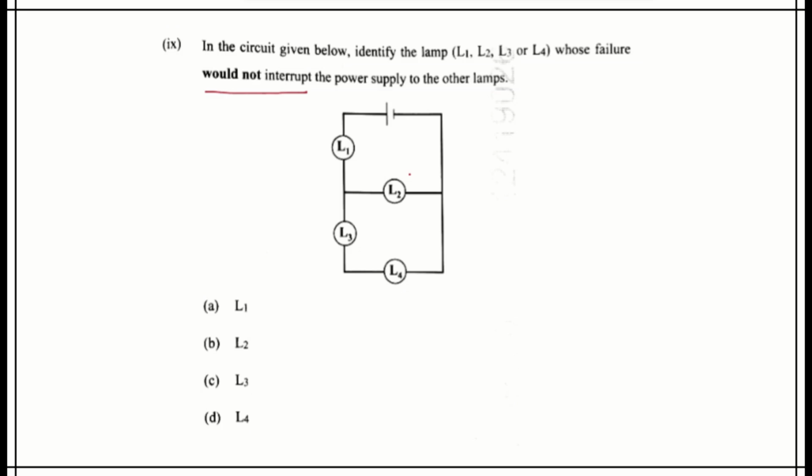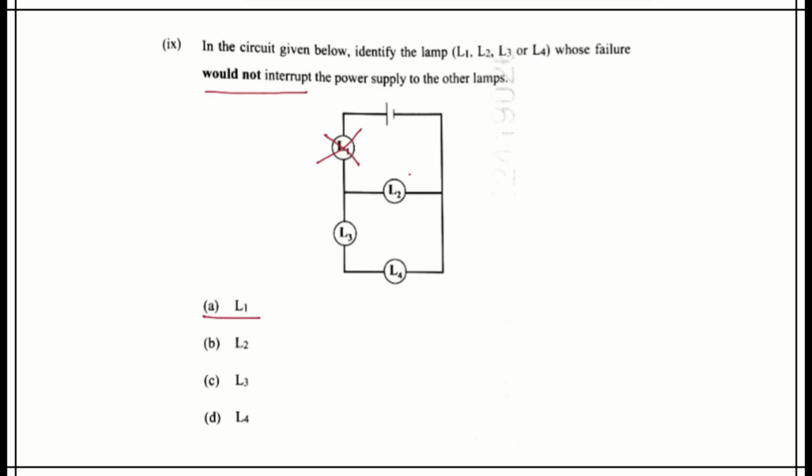If we turn off L1, so if L1 is in series with L3 and L4 in the path, therefore if L1 is turned off, L3, L4 and L2, all the three will stop working. So therefore option A is incorrect.